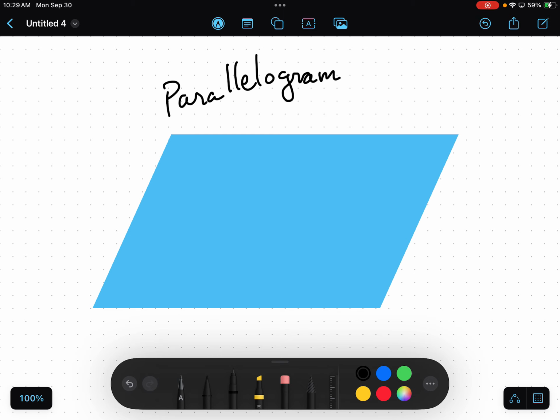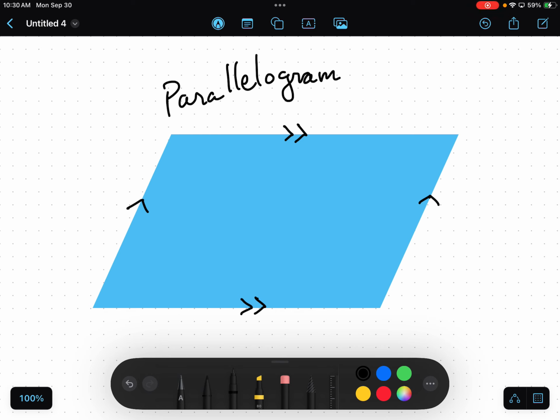Parallel. Okay, so what makes a parallelogram parallel is the opposite sides are going to be parallel. So if you see these little markings in here, those little markings mean that those sides are parallel to each other. So in our problems, the opposite sides are parallel to each other. Okay, that's what makes a parallelogram a parallelogram.